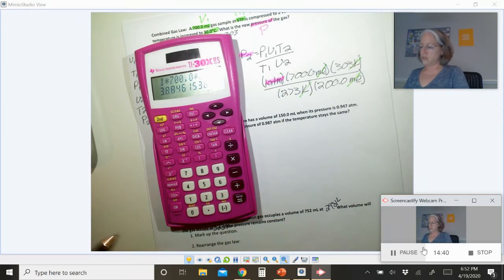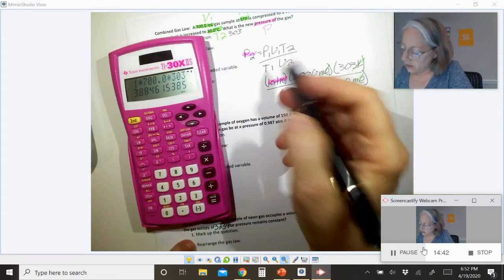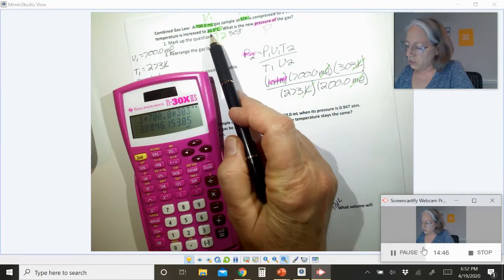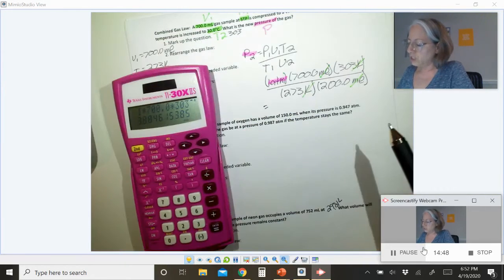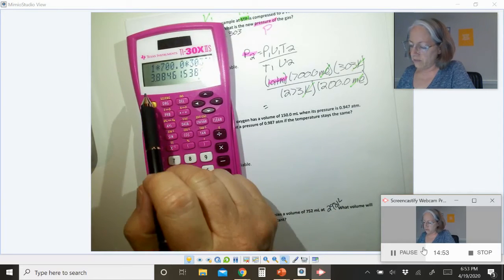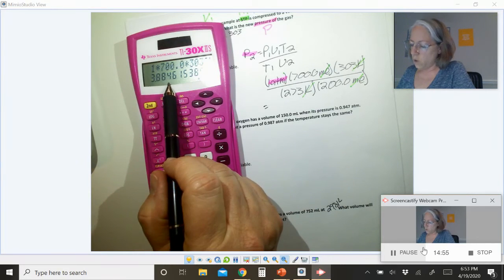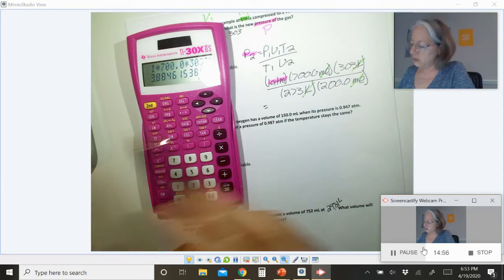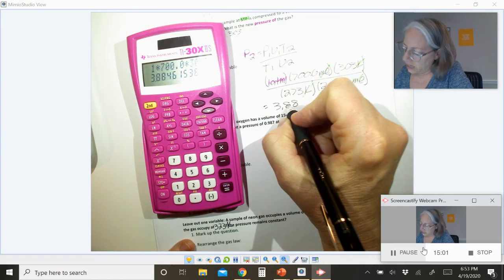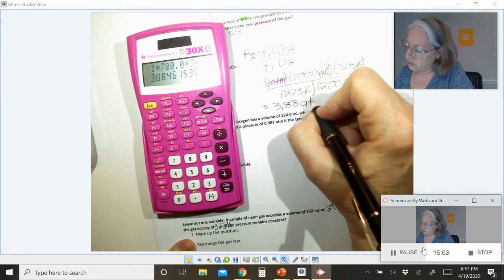Our answer is going to be, and now we go to what we're given. 4 digits, 3 digits, 4 digits. 3 is going to be what we use for our answer. And so we have 3.884. Dropping the 4 doesn't change anything. So 3.88, and the unit we had was ATM.